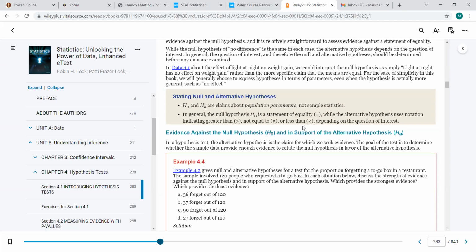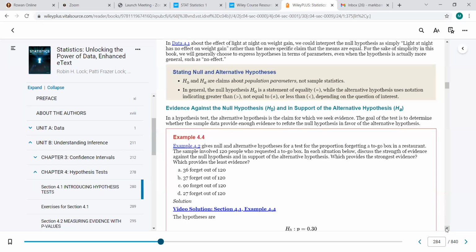Okay? So let's consider the case of the restaurant box situation where there are leftovers in the box and people forget to take the box home. So suppose 120 people are being sampled, and suppose 4 of you decided to randomly sample 120 people at this restaurant, and these are the 4 results.